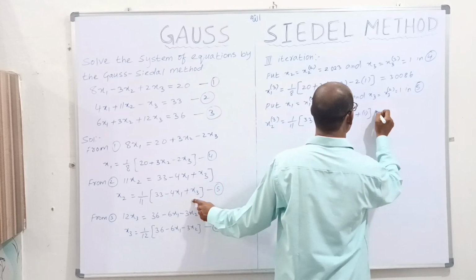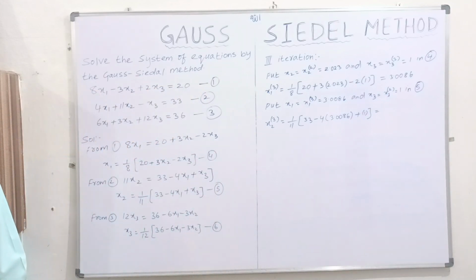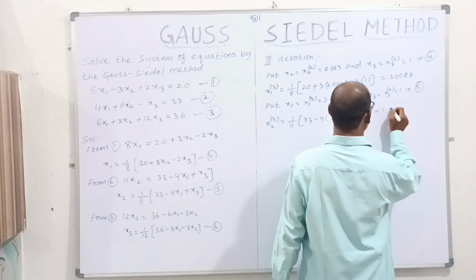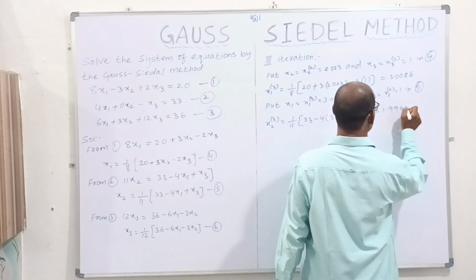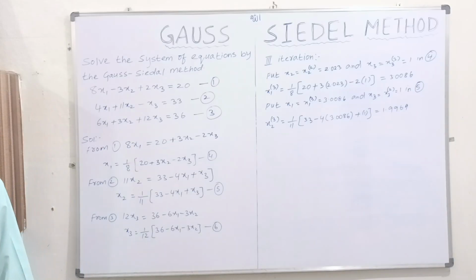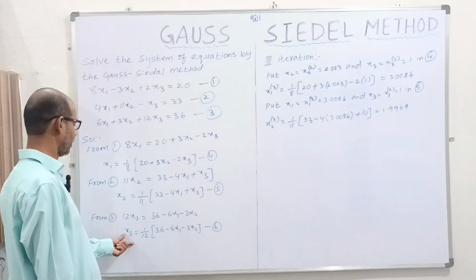On simplifying this, the value of x2 for the third iteration is 1.9969, okay?